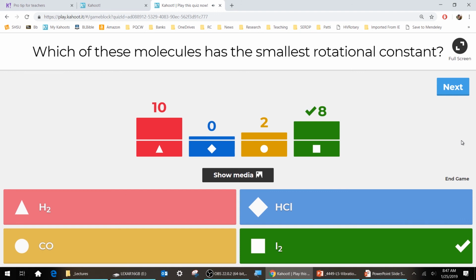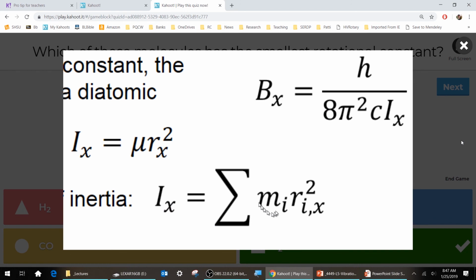This is the poles, right? It's either hydrogen or iodine, anything in the middle. Yeah. So it's iodine, mainly because of the mass, 127. Okay. So you can look at the equations here. So the mass here is in the moment of inertia, and then that's in the denominator. So the bigger the mass, the smaller the rotational constant.